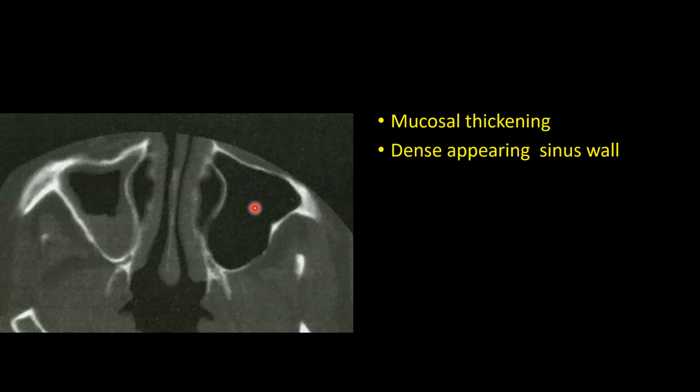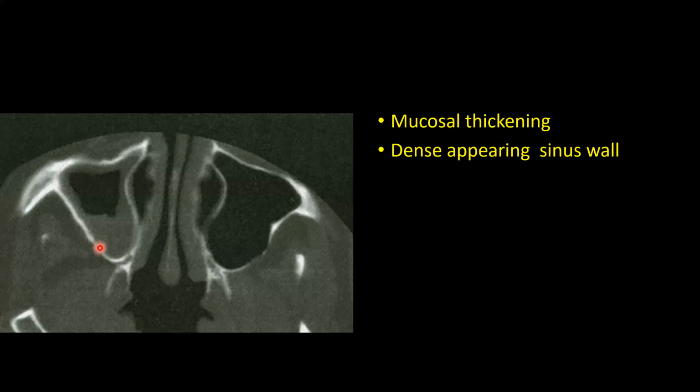Now this patient, this maxillary sinus is okay, very well aerated, no mucosal thickening, no air fluid level. But in this case, there is no air fluid level, but significant severe thickening of the mucosa all around the sinus. So this is a very typical sign of chronic sinusitis.